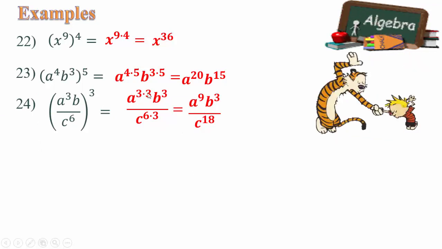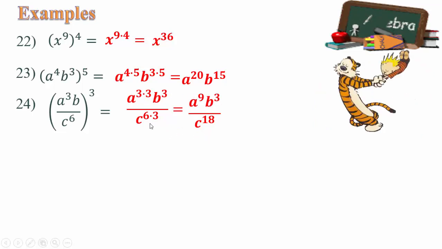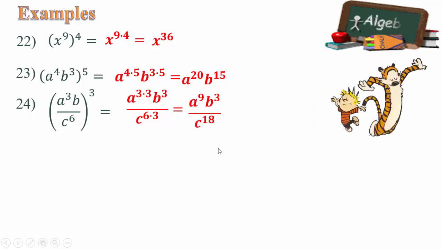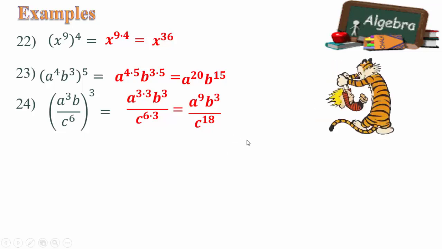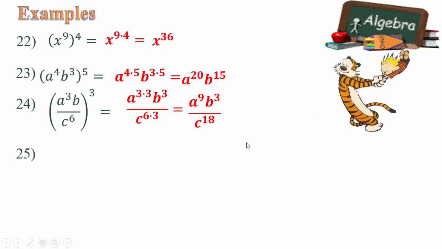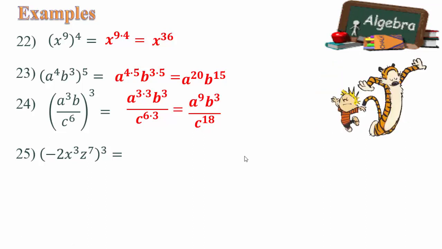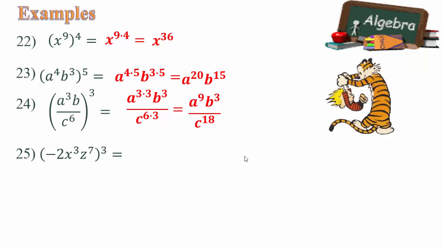Here I have 3 times 3 is 9, 1 times 3 is 3, 6 times 3 is 18, and there's nothing else I can do, so I'm finished simplifying that particular example. In example number 25, we have now something with a negative coefficient, and it's inside the bracket.